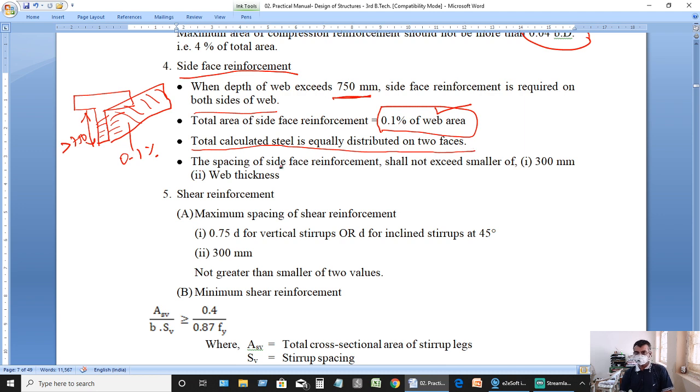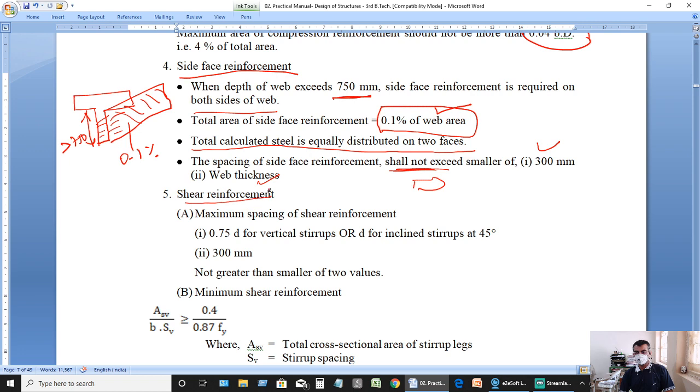The spacing of the side face reinforcement shall not exceed the smaller of 300 mm or web thickness, whichever is smaller.